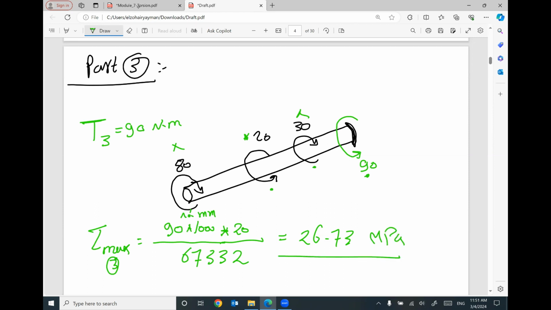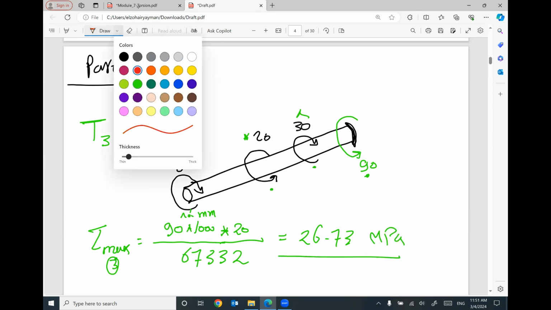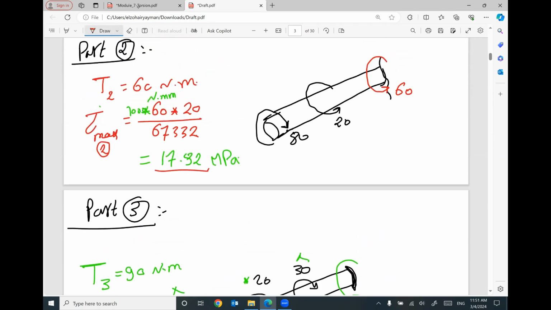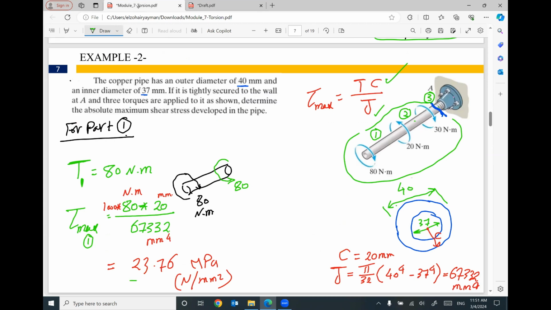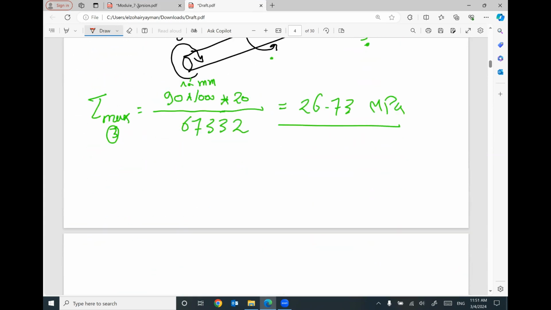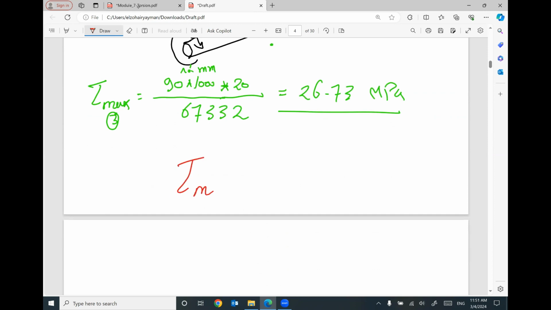This is the stress in part number 3, 26. This is the stress in part number 2, 17. This is the stress in part number 1, 23. That means the maximum shear stress will be 26.73 megapascal in part number 3.